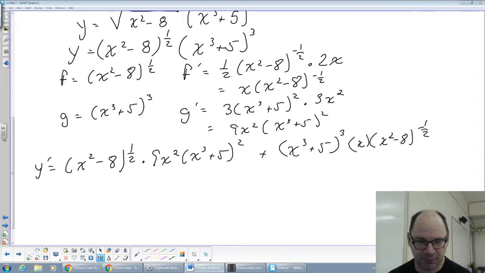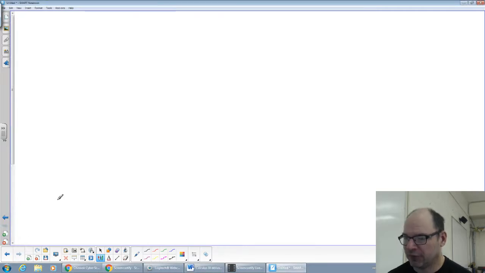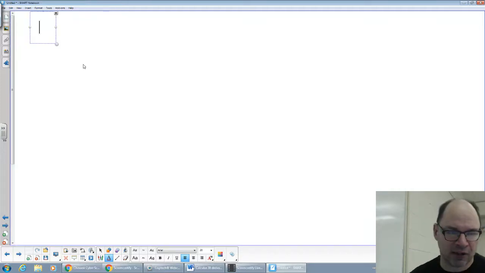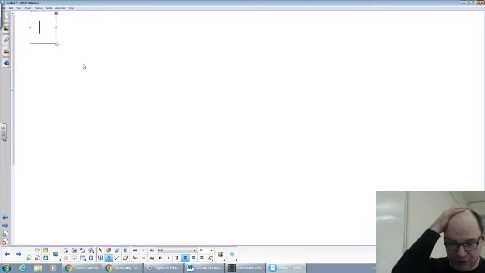Okay, coming into the fourth one. There's only 5 questions, by the way, if you're wondering. Okay, fourth one, question number 4. This is a 4-mark implicit differentiation.